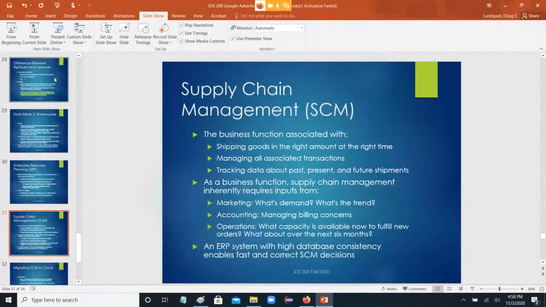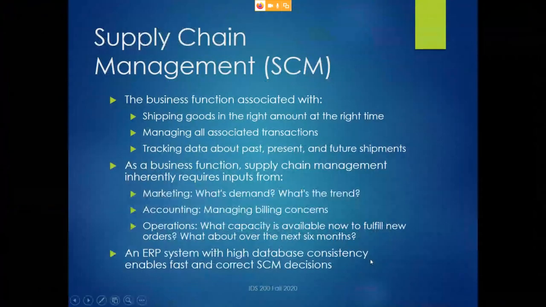Okay, so a concrete example of that too, supply chain management. Supply chain management is the business function that's associated basically with getting goods in the right amount at the right time. So making sure that everything is where it needs to be at the right time. And it also manages all the associated transactions. Every time there's a handoff of goods, somebody has to say, yeah, I got it, and chances are they're paying for it as well.